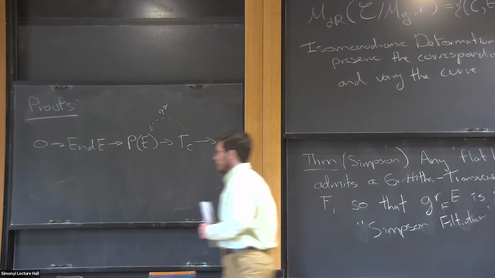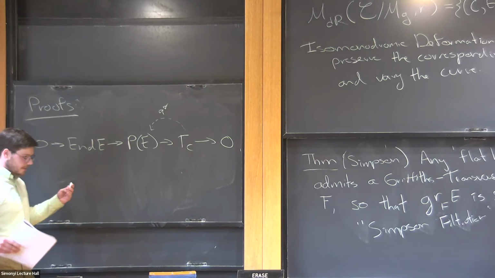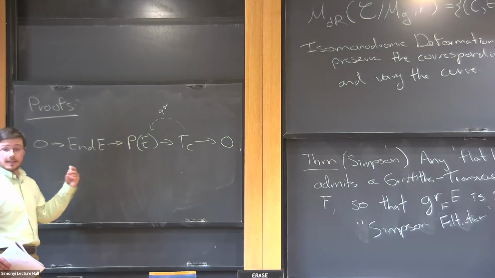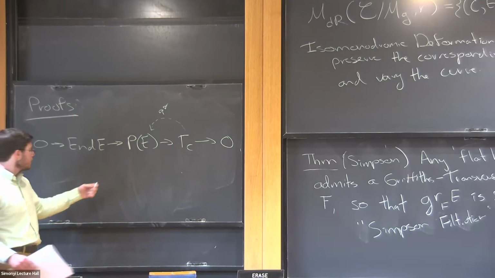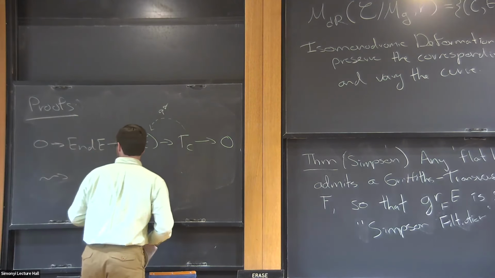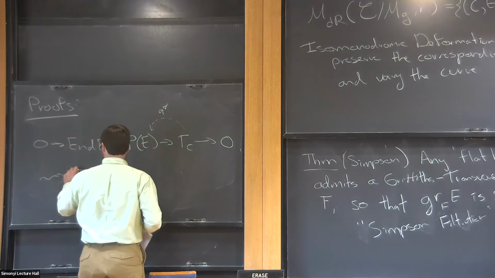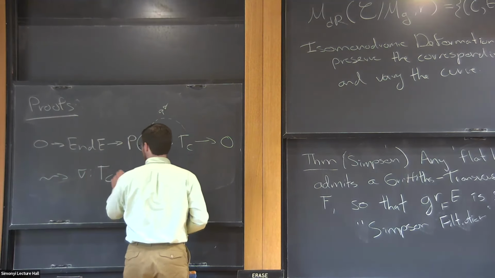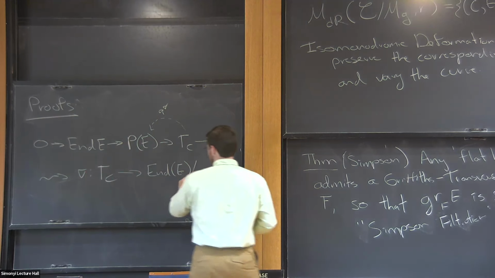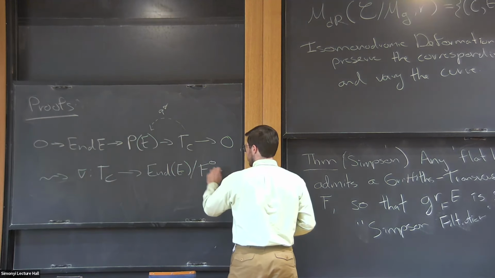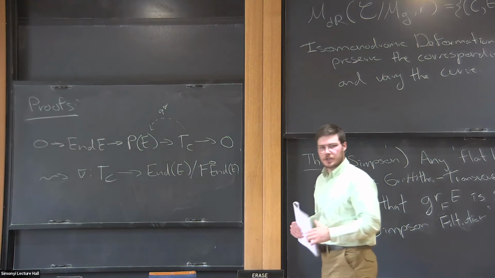The connection will also give me some information about the deformations of the pair of those two. I won't do the entire diagram chase, but the output of the assumptions is we're assuming that the flat vector module with its Simpson filtration deforms to some codimension delta locus within MG. That's going to produce a map, this connection, from the tangent module of the curve to the endomorphisms of E. And in fact, it's going to go to endomorphisms of E that break the Simpson filtration.